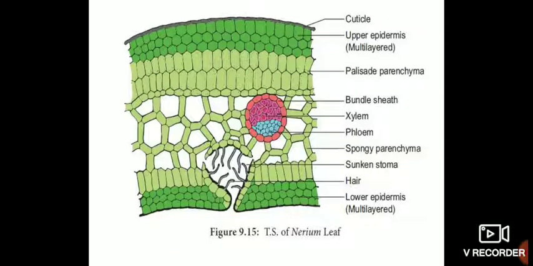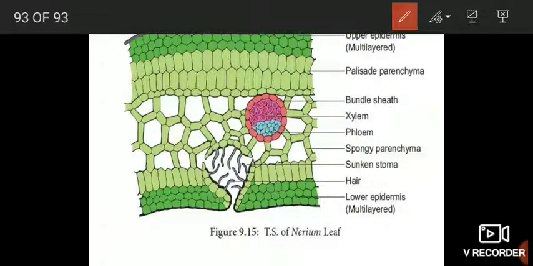Here we can see in the image, this is the ground tissue system of leaves. This represents the mesophyll, and this mesophyll is constituted of palisade cells, which are elongated cells. These are the elongated cells which are placed compactly.